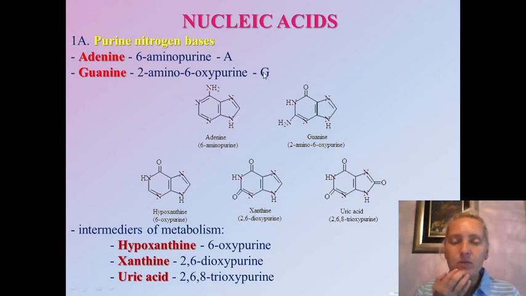But apart from those two nitrogen bases, which are found in the structure of DNA and RNA, we have some other purine bases which are intermediates of metabolism.